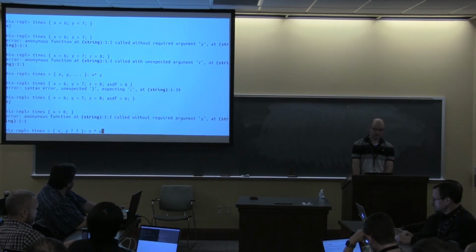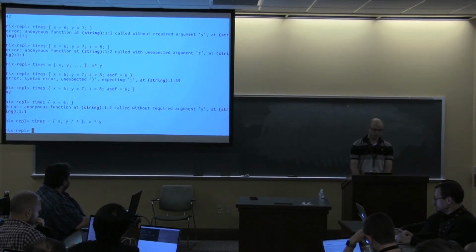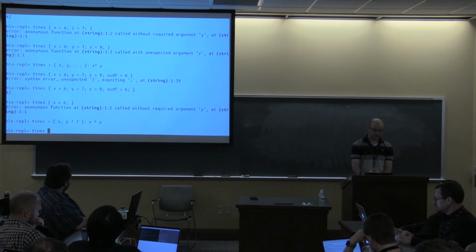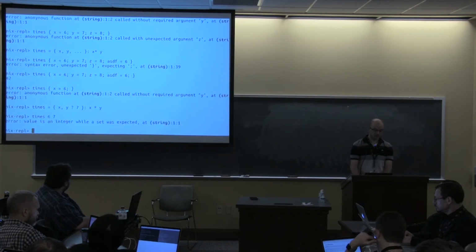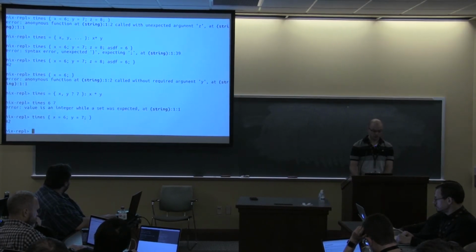This says times is a function that takes an x and a y, and by the way, if no y is supplied, it's 7. And so now I can say times of 6 and 7. As before, it should work, and if I omit the 7 or the y, it should work as well.